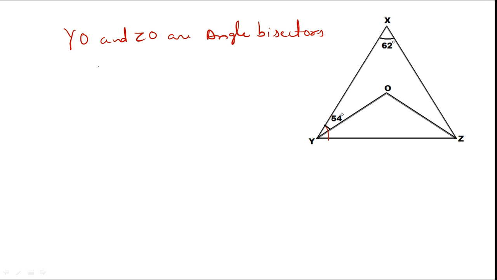Right? So what should I do? I should write angle X plus angle Y plus angle Z is equal to 180 degrees. X is 62 degrees, angle Y is 54 degrees, angle Z is to be calculated.